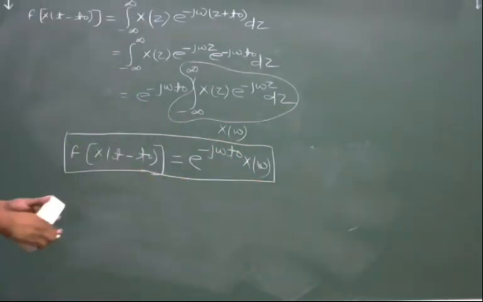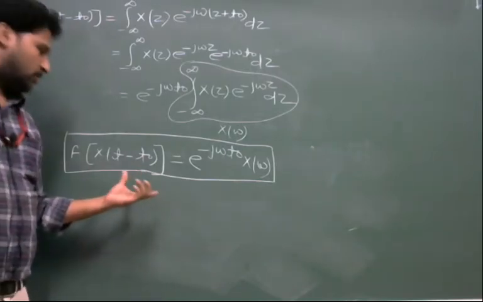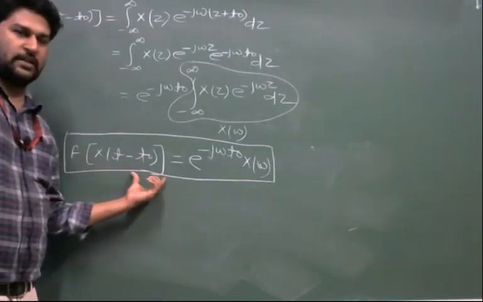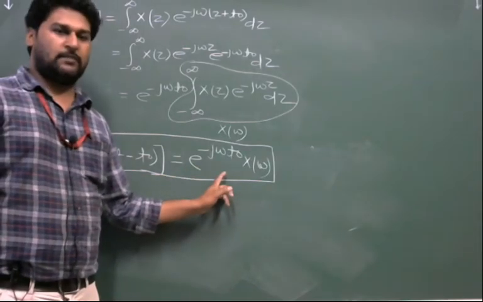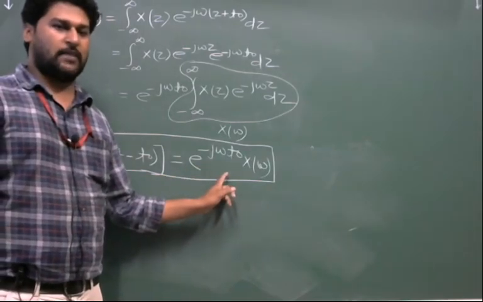It means that if the signal in the time domain is shifted by a unit t naught, then the signal in the frequency domain will be multiplied by e power minus j omega t naught.